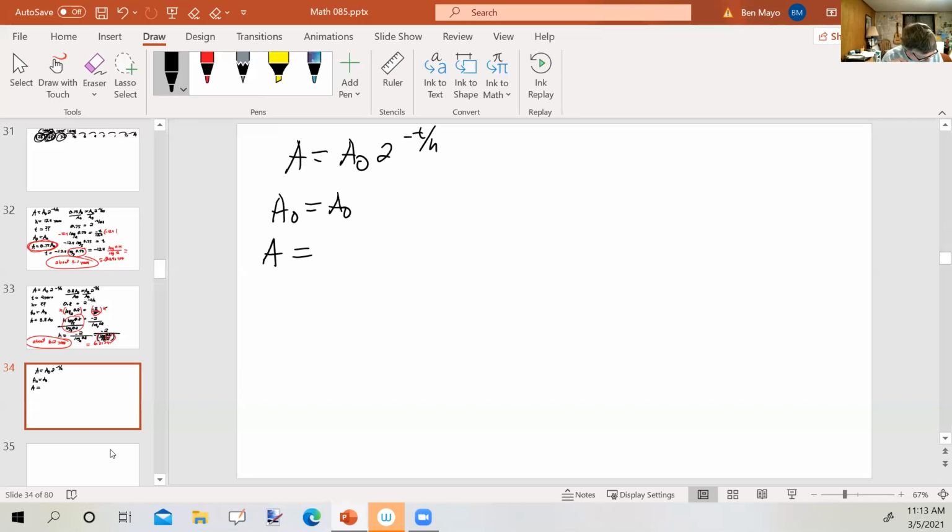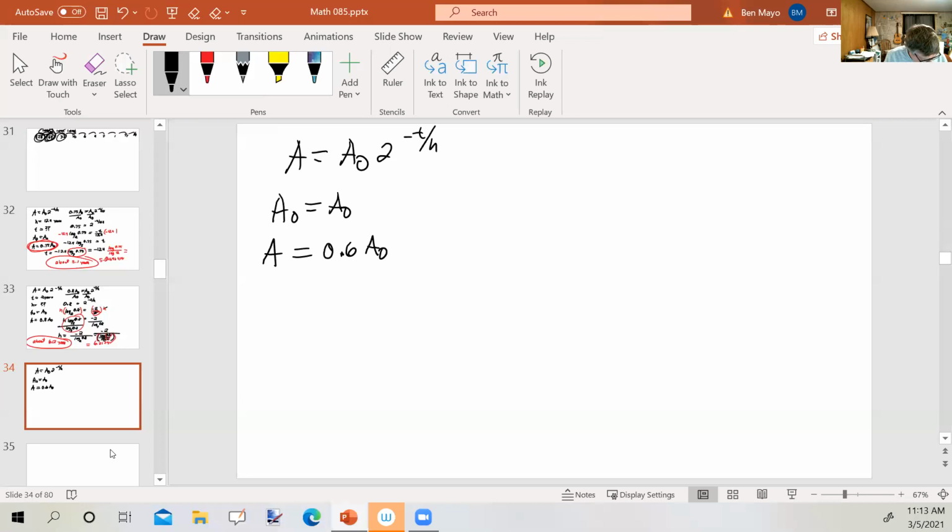The next problem said 20% decay, so we ended up with 80%. This one says what remains contains 60%. So that's telling us what's left, not what went away. So read the questions carefully. Okay, you see the difference there?